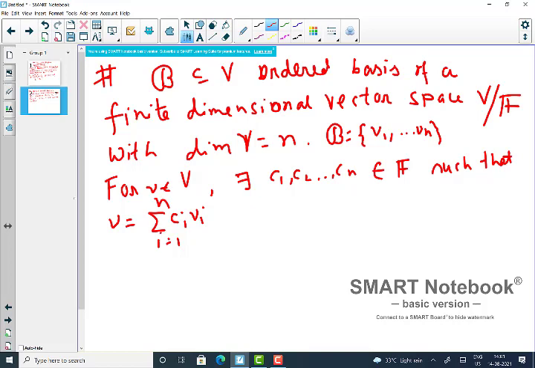Now with respect to this representation, we will define something called the coordinate vector.